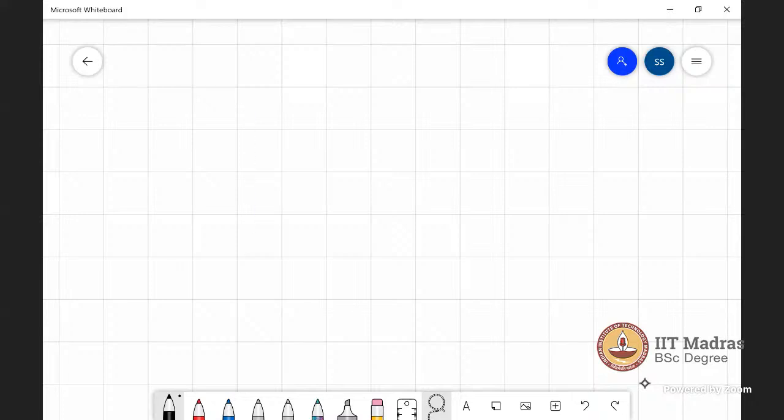So something like this. See, in the example that we saw, we have these data points. Why am I taking this example? Maybe I should just copy paste from there.